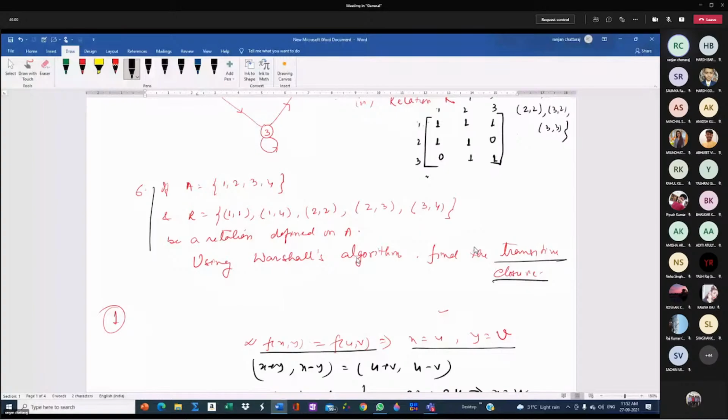Using the binary compositions, or the compositions of the matrix, we can also find it. So what is the procedure?